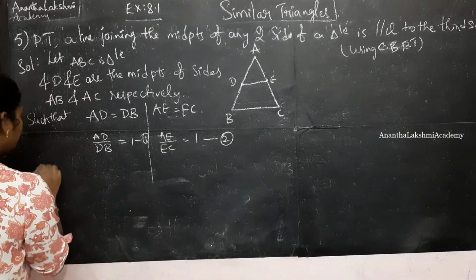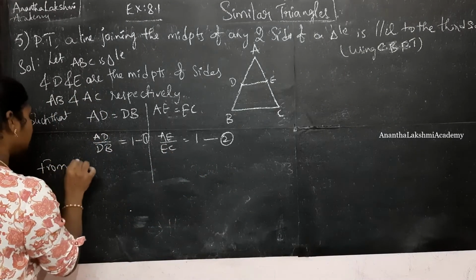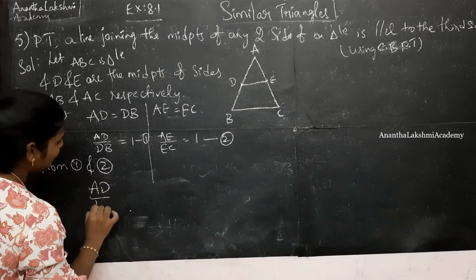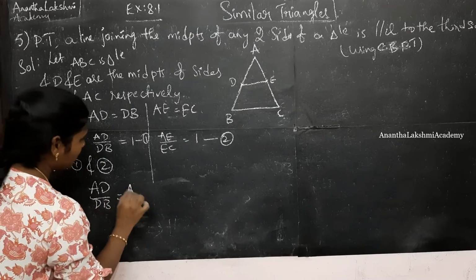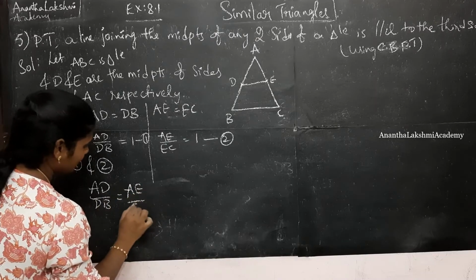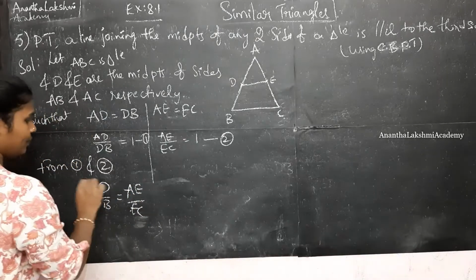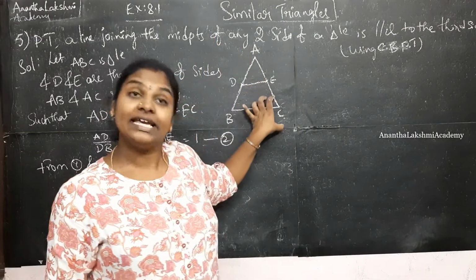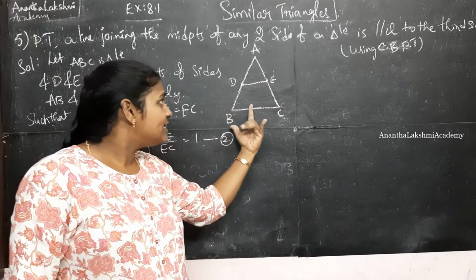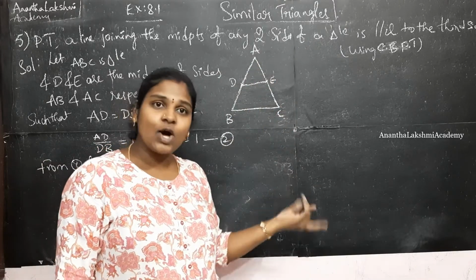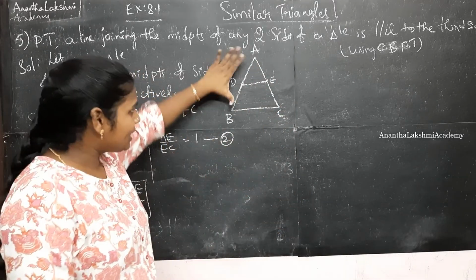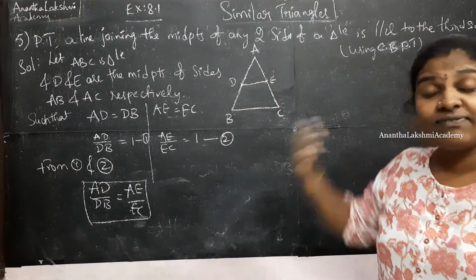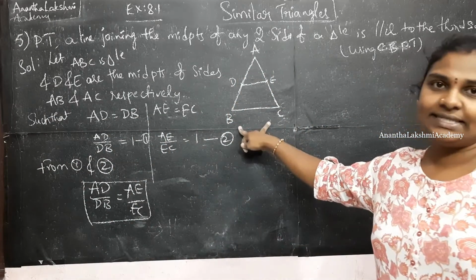From 1 and 2, can I write AD by DB is equal to AE by EC? What does it say? AD by DB is equal to AE by EC. So when AD by DB is equal to AE by EC, what is the converse of the basic proportionality theorem? When these ratios are equal, then DE is definitely parallel to BC.